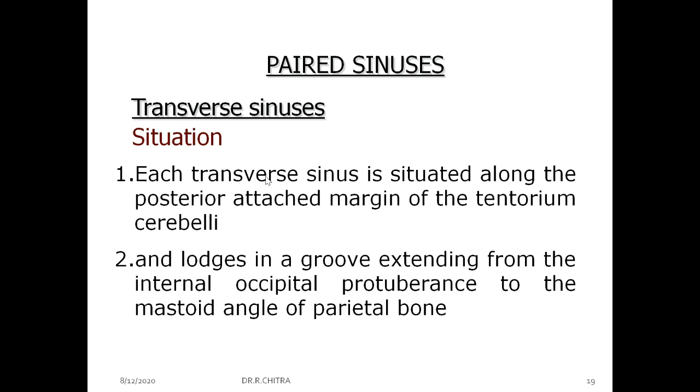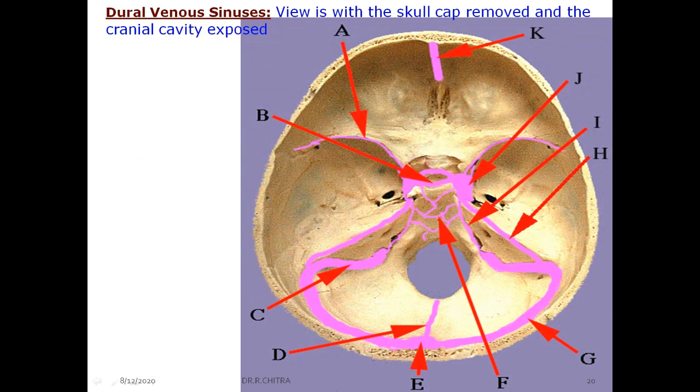This is the attachment of the attached margin of the tentorium cerebelli. So that is the situation of the transverse sinuses, extending from the internal occipital protuberance to the mastoid angle of the parietal bone. So this is the transverse sinus.